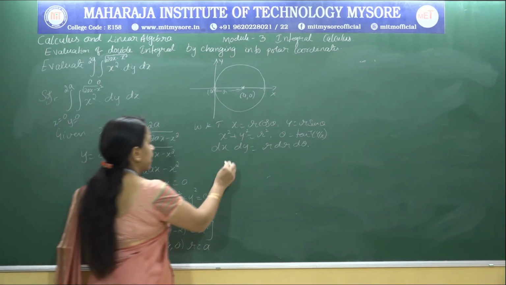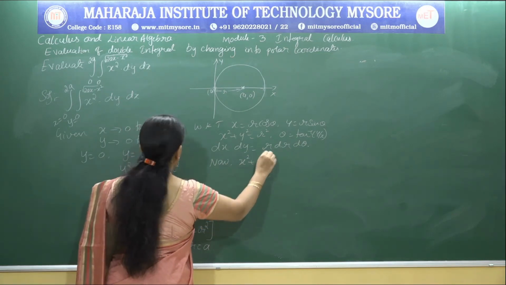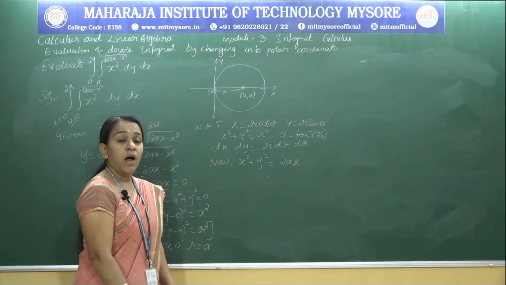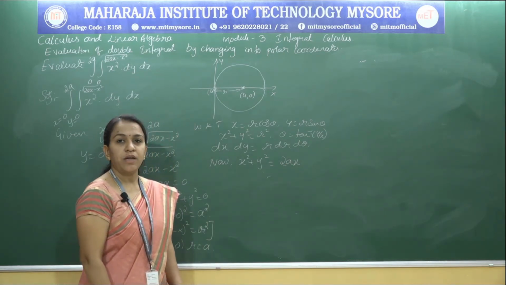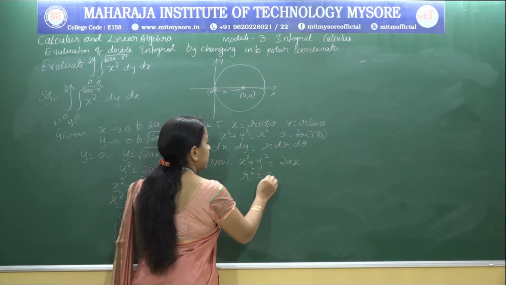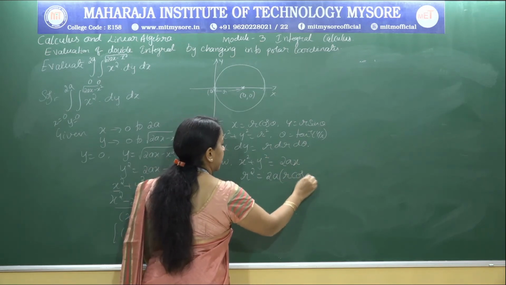The given curve is this. Now, consider the given curve, that is x square plus y square, I write it as equal to 2ax, and now represent your x and y in polar form. We know that x square plus y square is r square, equal to 2a into x, which is r cos theta.